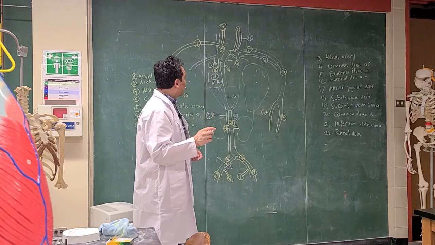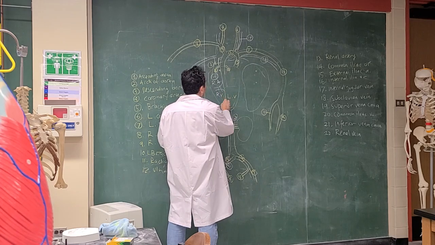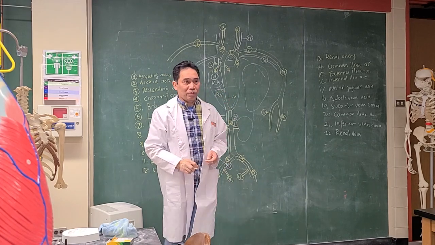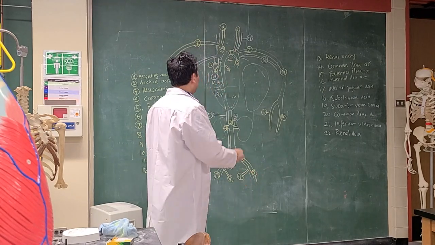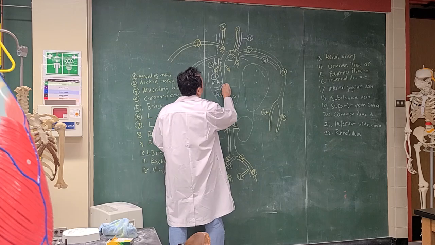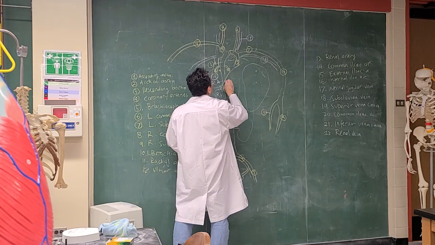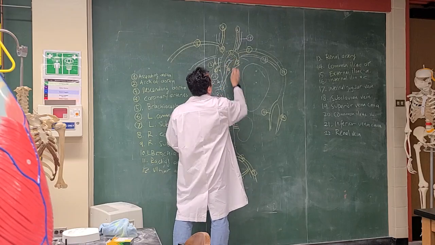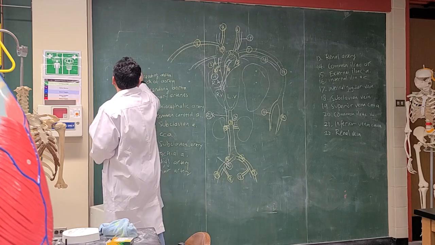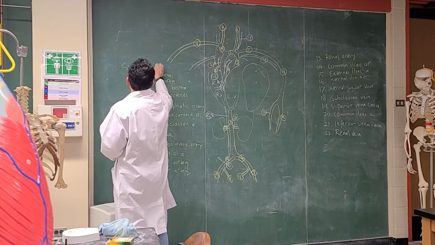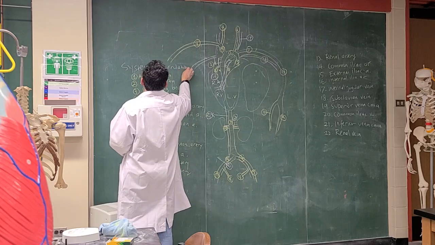The blood vessel coming from the right ventricle will be blue. Why is it blue? Because this is poor blood, already used. So it's going to go here, actually side by side with the aorta. So this one is systemic circulation.